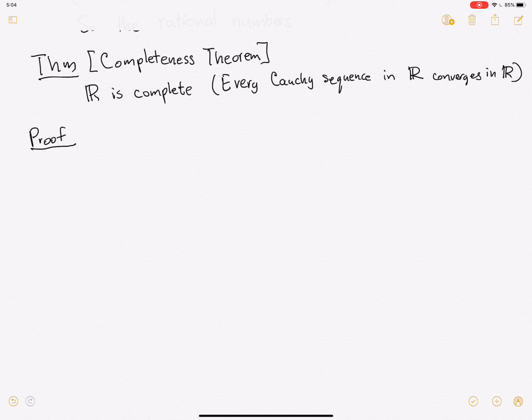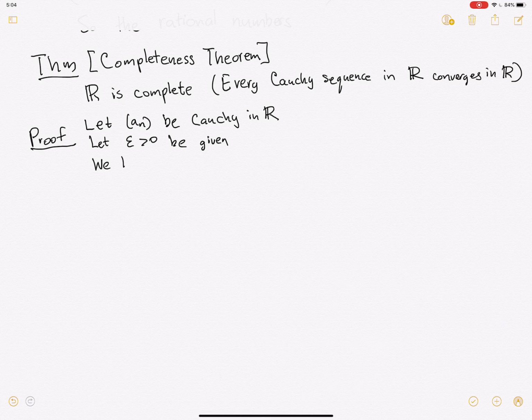So strap in. Let a_n be Cauchy in the real numbers. Let epsilon greater than 0 be given.